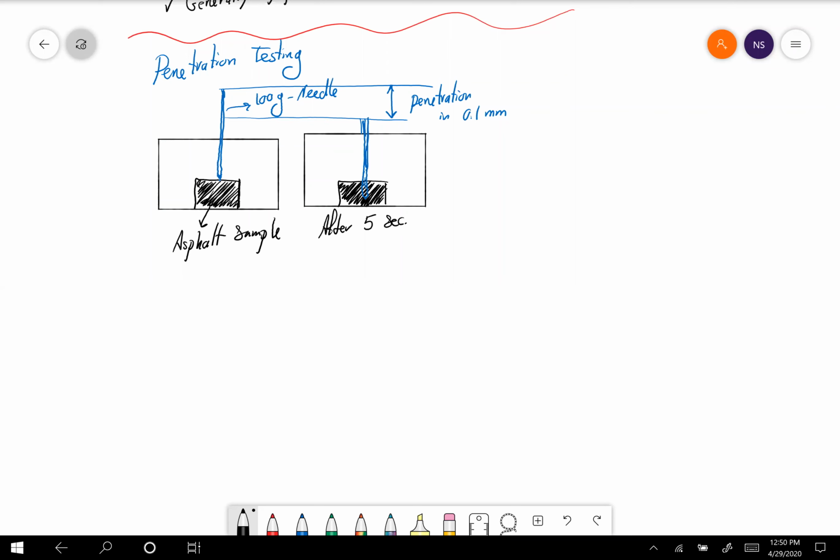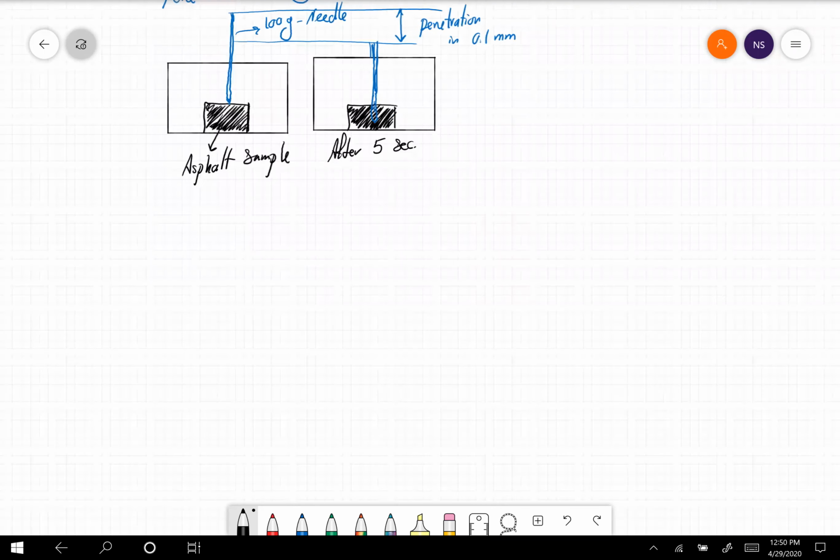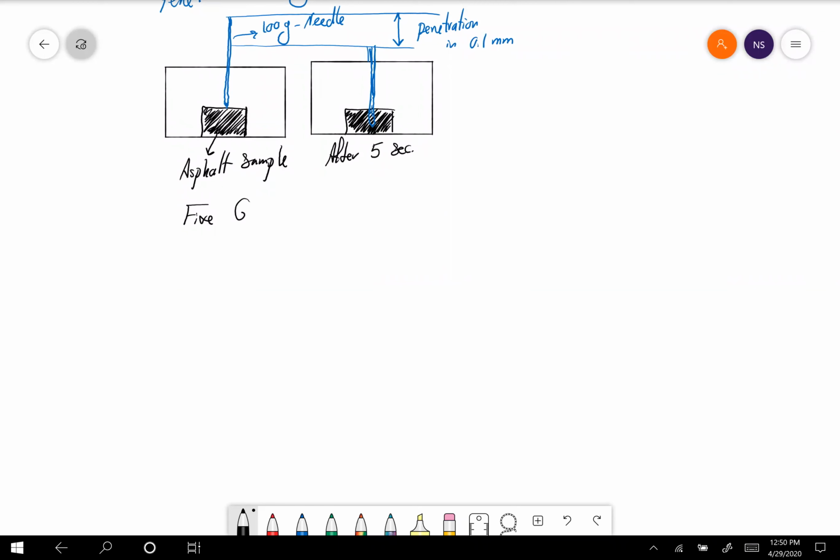And based on that, we used to have 5 grades based on the range of penetration of the asphalt samples. And we used to classify the asphalts based on these. For example, we would say you need a 40-50 asphalt or a 60-70 asphalt binder for this project.